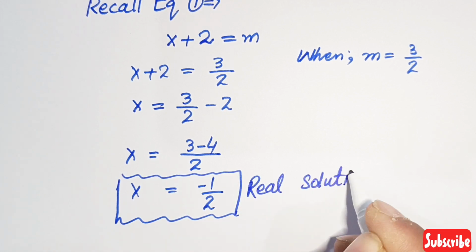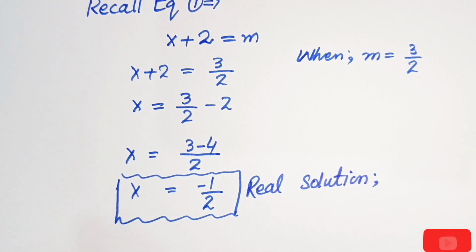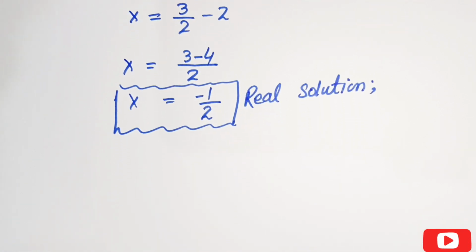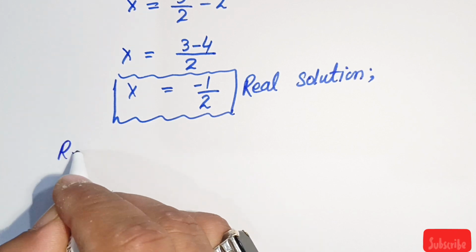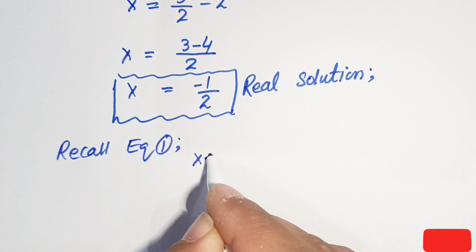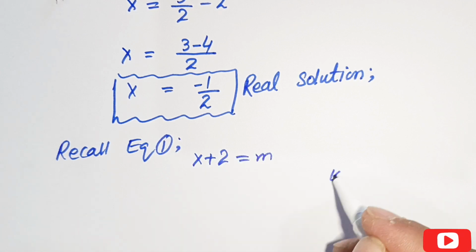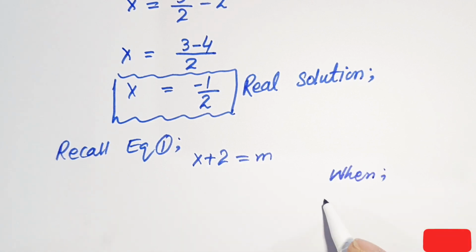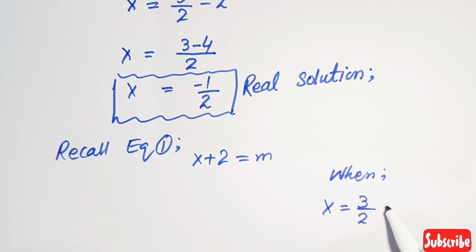Now we are going to put another value of m in equation 1. So again recall equation number 1, that is x plus 2 is equal to m, where m is 3 over 2 plus minus 3 over 2 i.